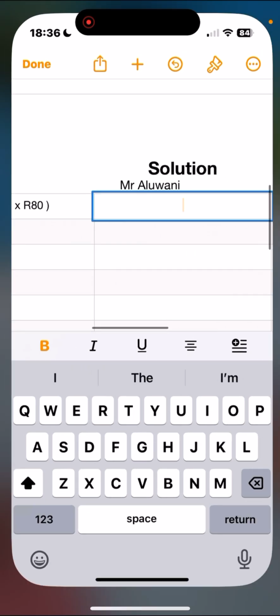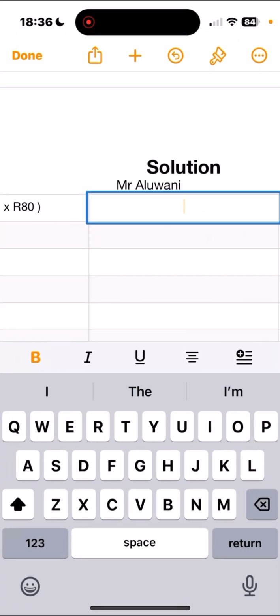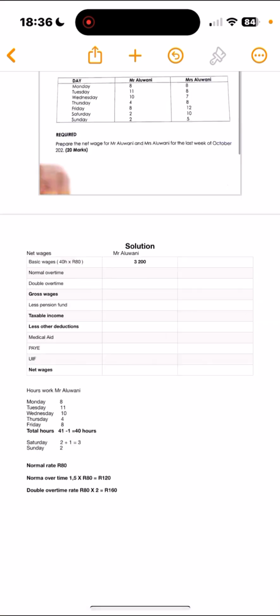So let's go to the calculator. 40 hours times 80 is 3,200. That is the basic wage of this person.